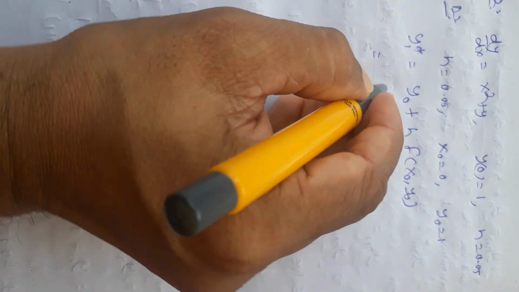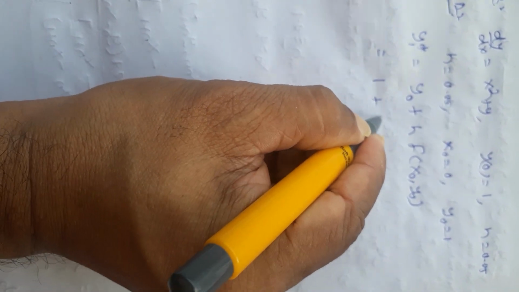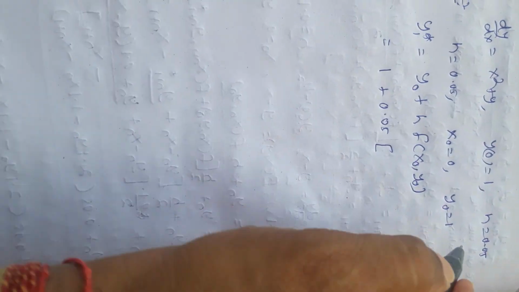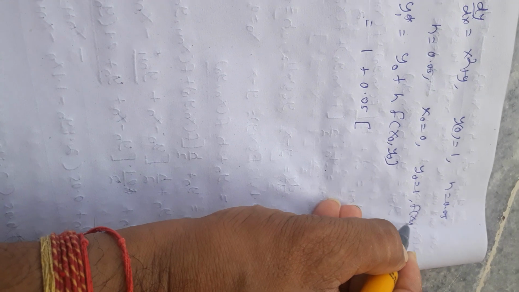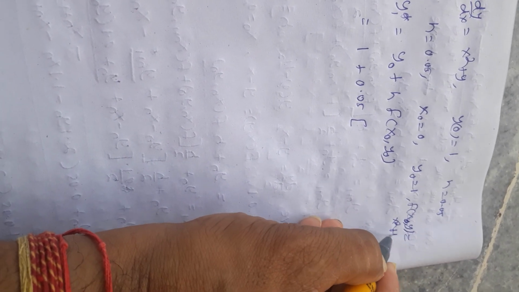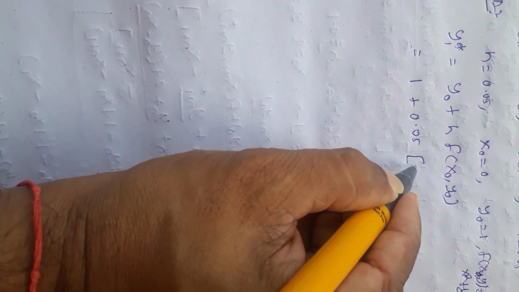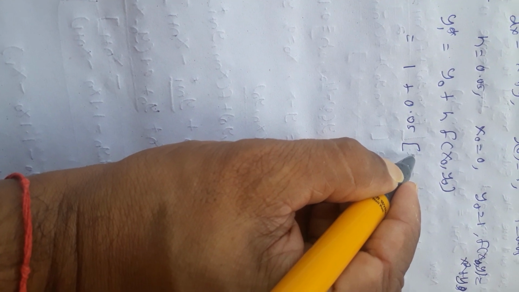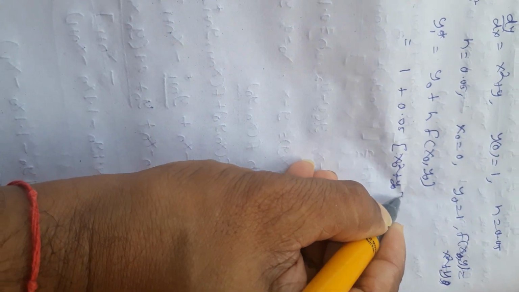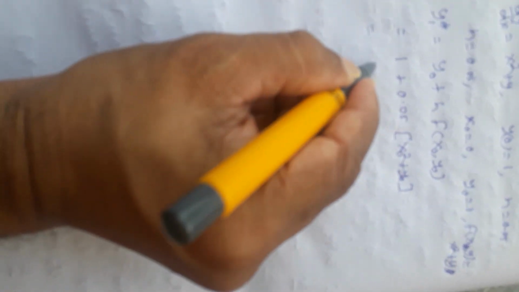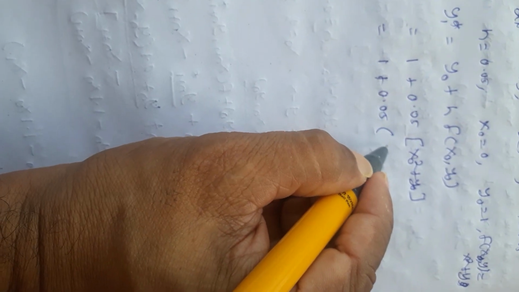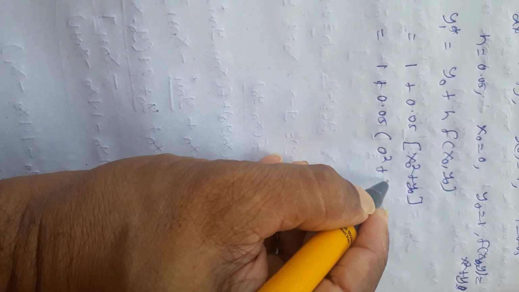So now y0 means 1, plus h equal to 0.05, f of x0, y0, where f of x,y will be x square plus y. So f of x0, y0 equal to x0 square plus y0.